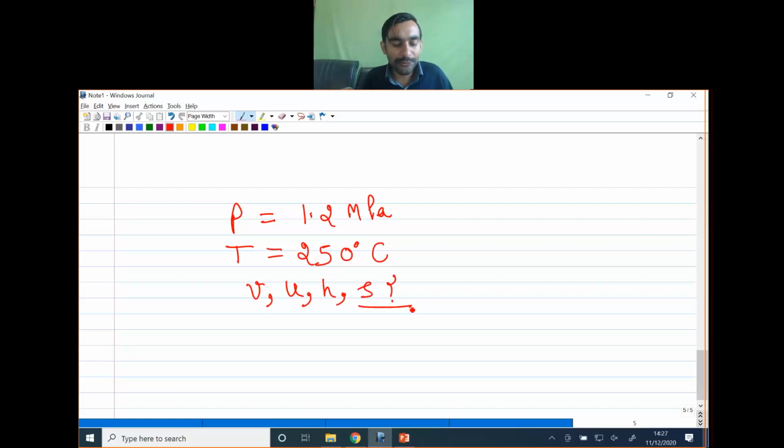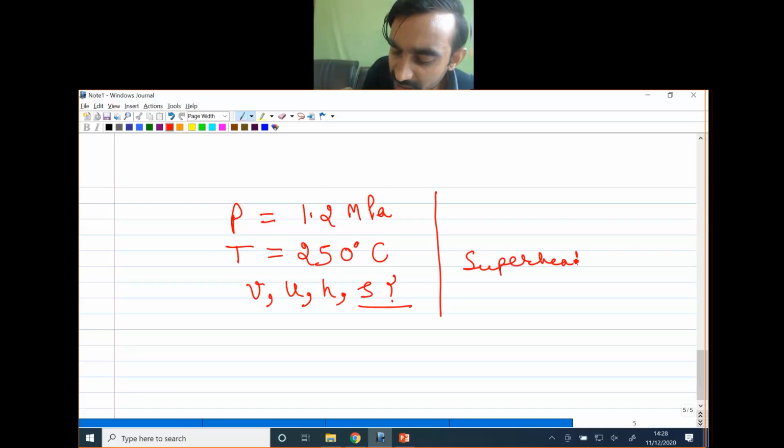All of you please use your respective steam tables and try to identify the values of these properties by locating your thermodynamic state using the appropriate table. I am already specifying that it is a superheated state.